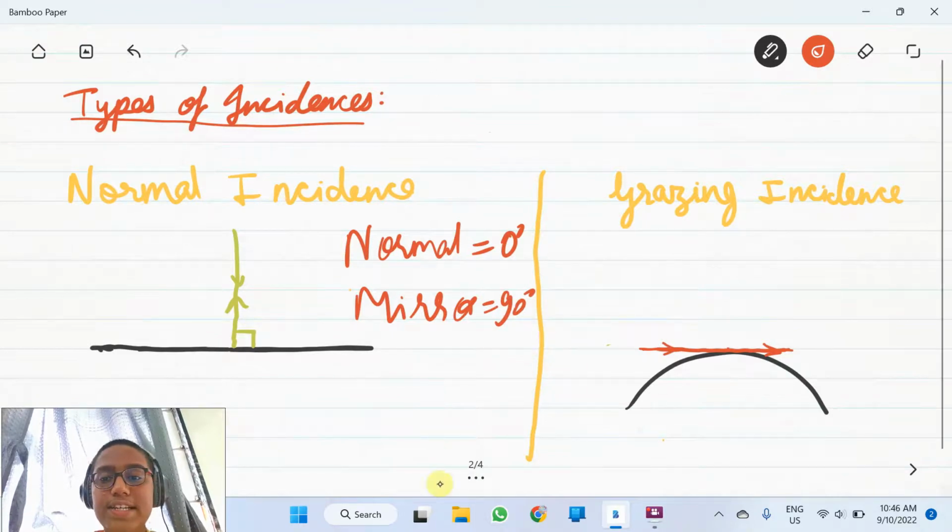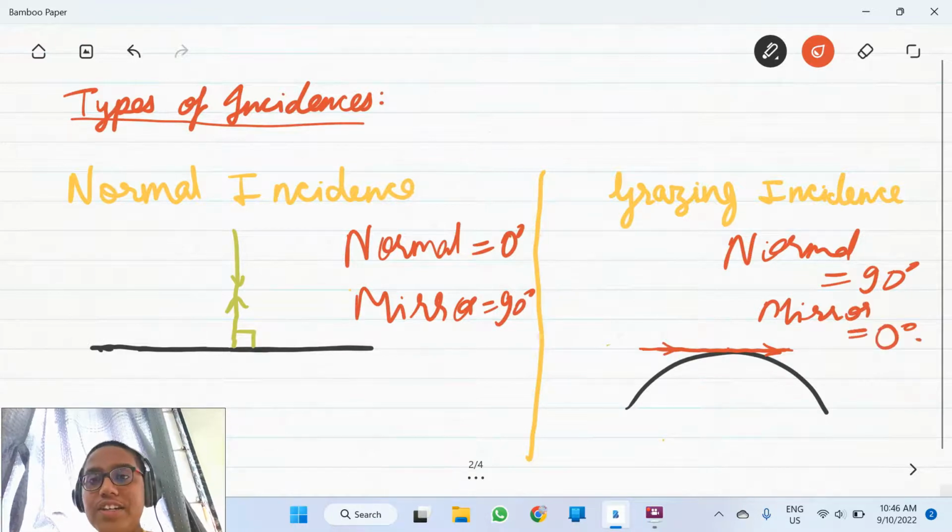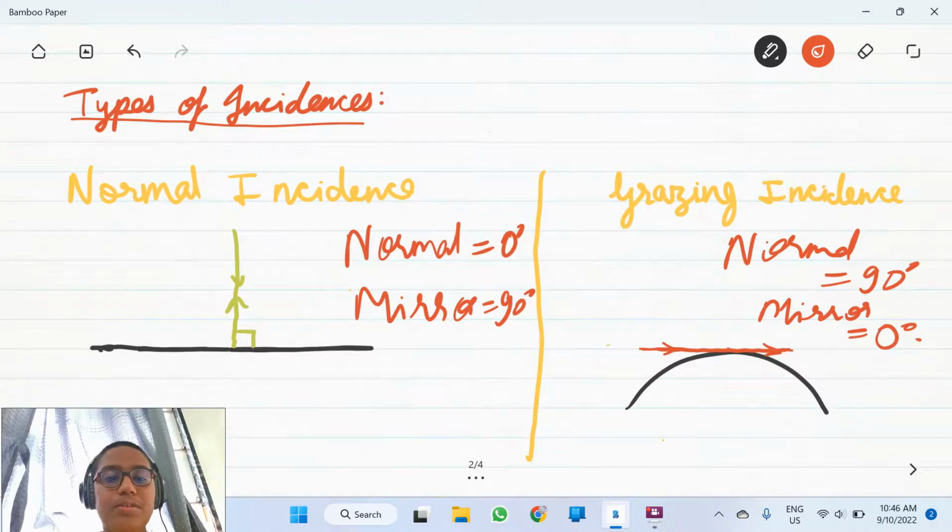Now let's see grazing incidence. Angle made with the normal is 90 degrees and angle made with the mirror is 0 degrees. If you're hearing disturbances from the back, please don't mind, because currently I'm not having my devices with me, so focus on learning.